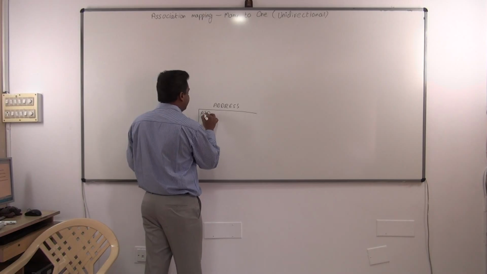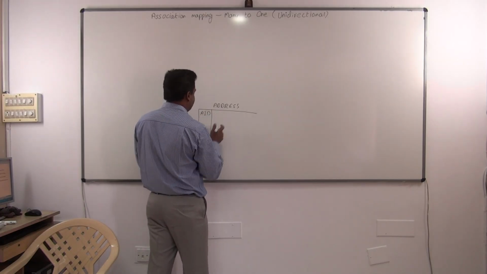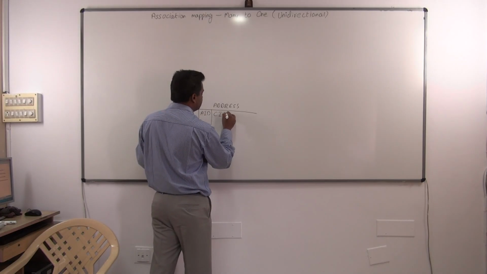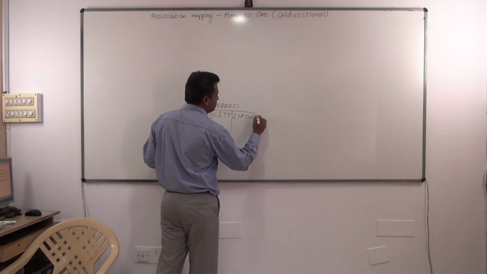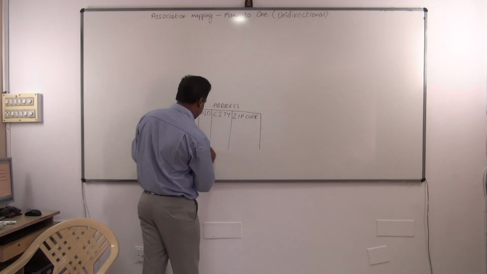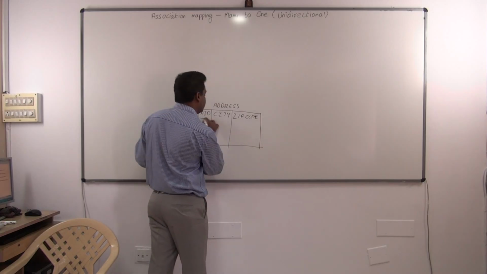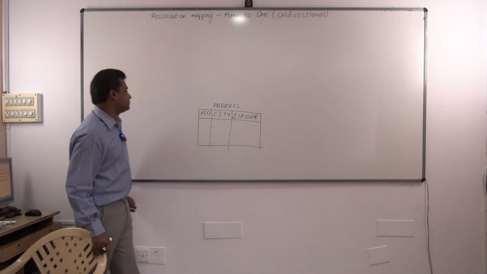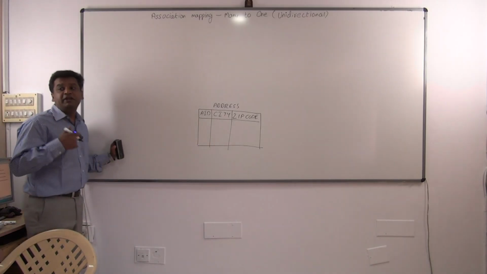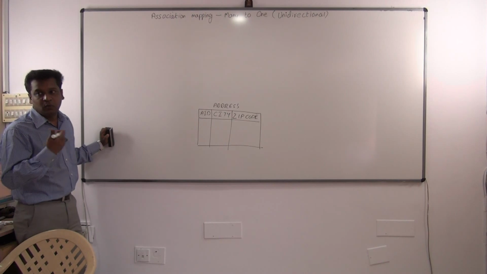It will have an address ID. It will have city. And it will have zip code. Zip code means pin code. So this is going to be your address table. Now I told you many students are going to stay in what? One address.